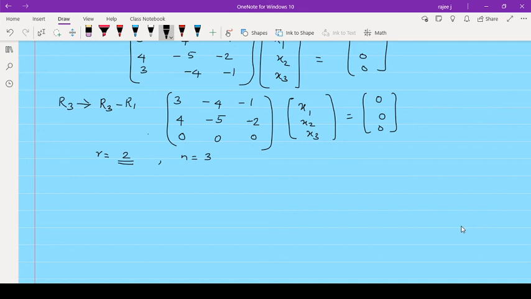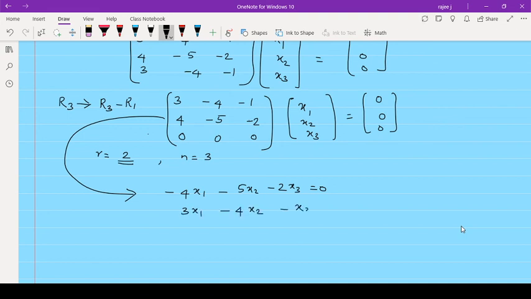So from here I am going to write the equation. It is 4x1 minus 5x2 minus 2x3 equal to 0, the second one, and the first one is 3x1 minus 4x2 minus x3 equal to 0.